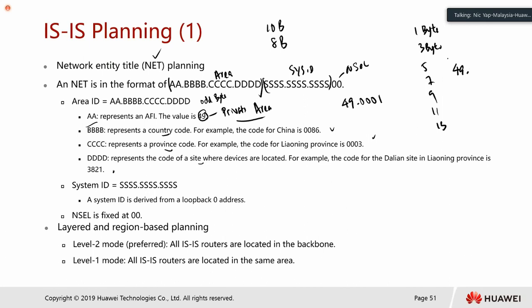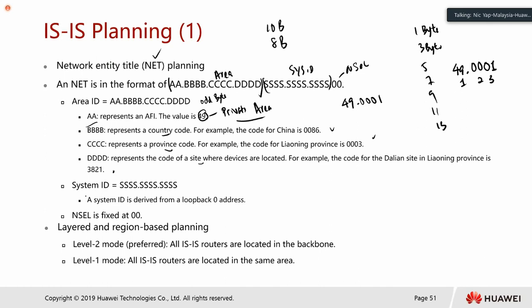They cannot be 2 bytes, because they always start from 1 byte first. That's why they must be odd numbers followed by 2 bytes. So in total, there must be an odd number of bytes in your area IDs.